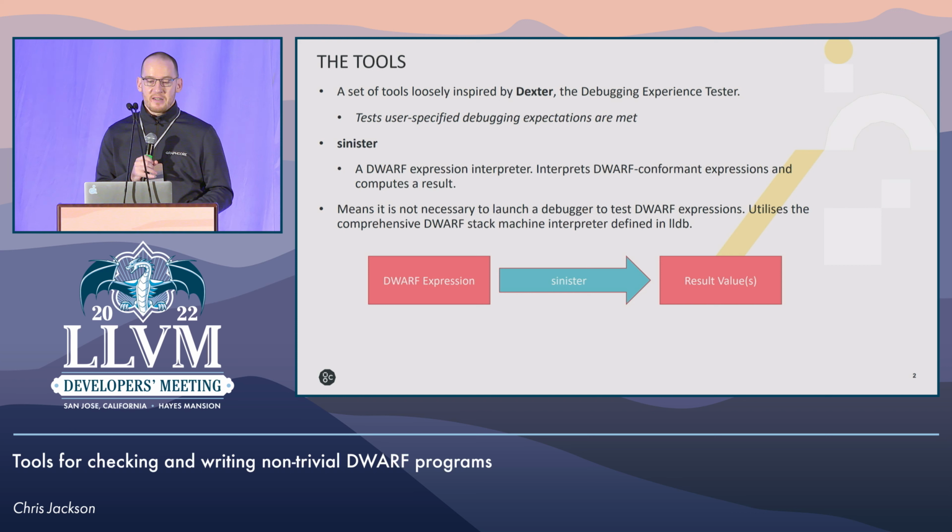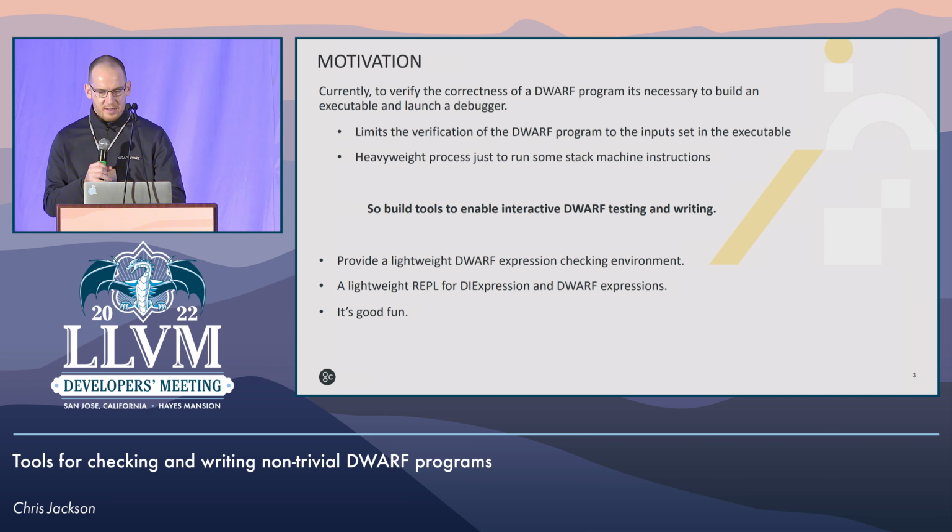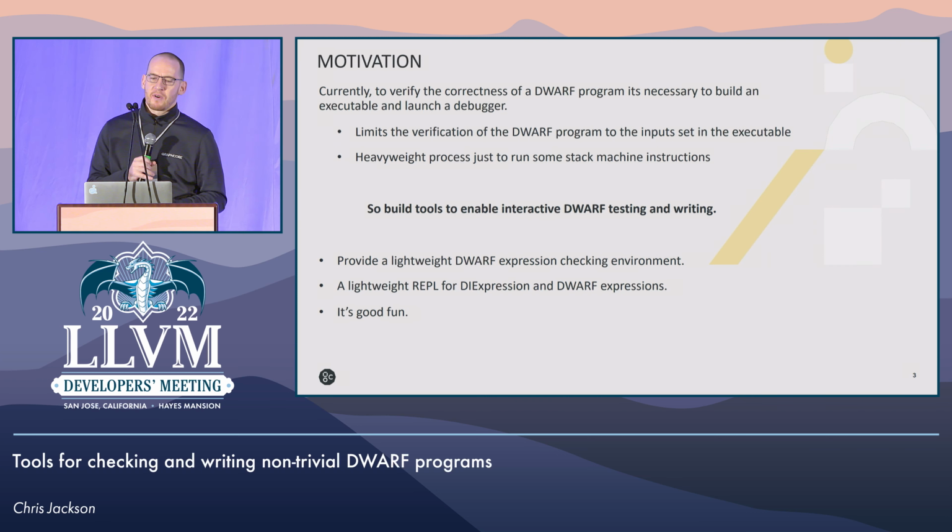And so Sinister is simply an interpreter that computes the result of a DWARF expression. As I mentioned, the desire to write these tools emerged from writing modifications to the salvaging in the loop strength reduction pass.